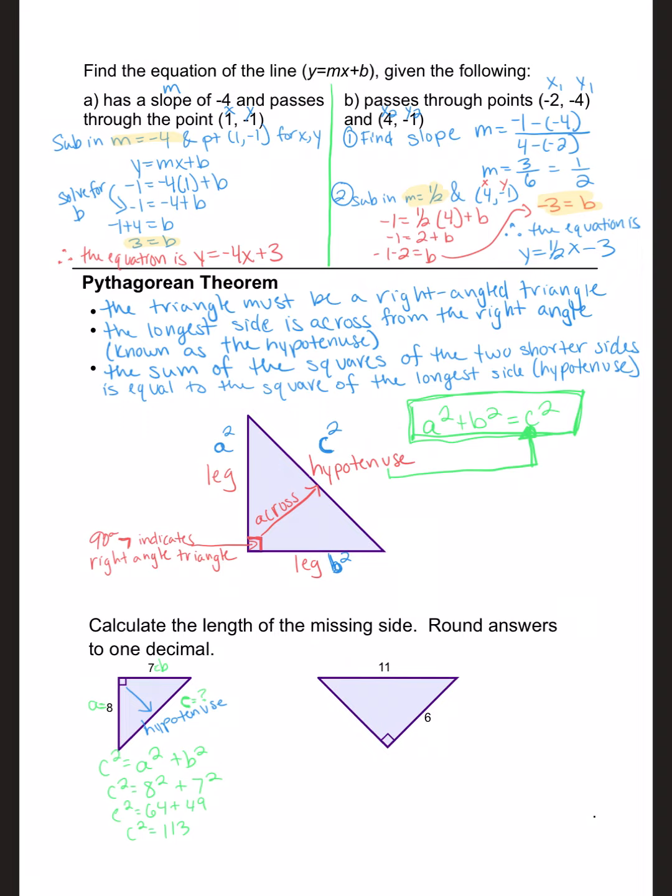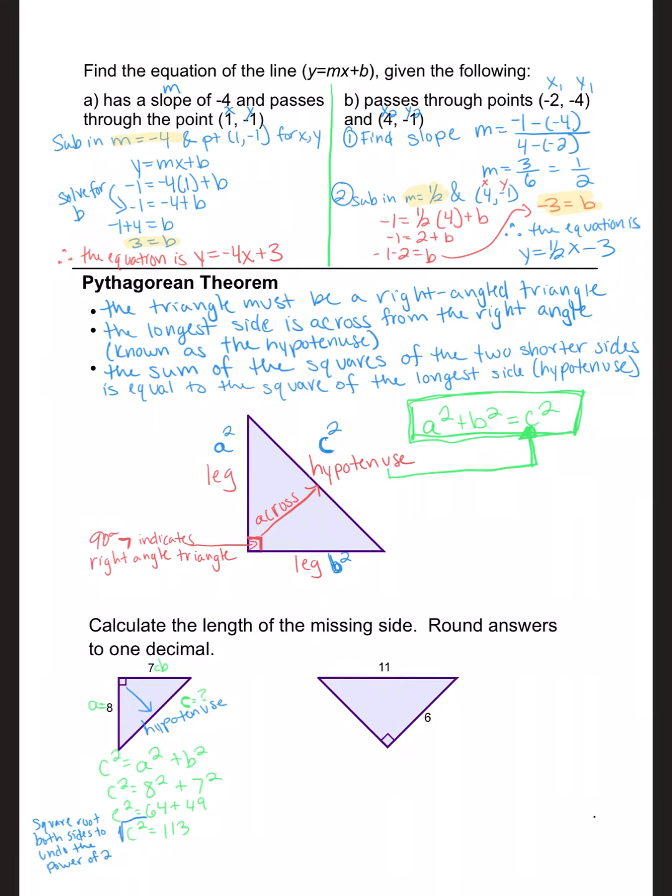So we've almost solved for C, but we still have this power of 2 on C. So we have to think about, how do we undo a power of 2? In algebra, the way that we undo a power of 2 is we square root it. So if I take the square root of this, just want to make a note here: square root both sides to undo the power of 2.